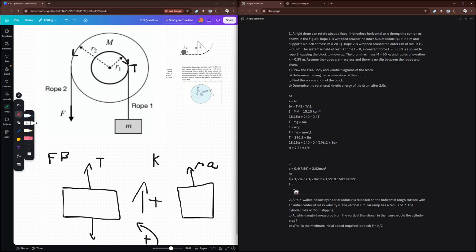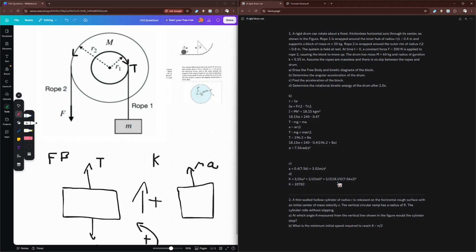And I'm actually going to change this to K, just because T was used for tension earlier, so there's no confusion at all, right? We're going to get that our final energy is a half 18.15 times this times 2 squared, which gives us an answer of 2078 joules.